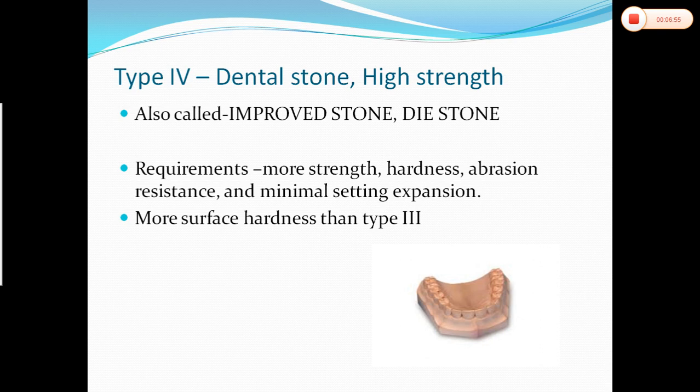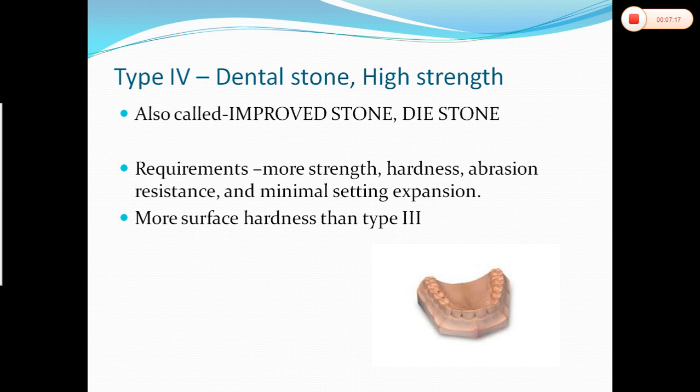When they are shaping the wax with sharp instruments, that instrument should not damage the die or the cast. The sharp instrument should not easily damage or produce any depressions in the die or the cast.